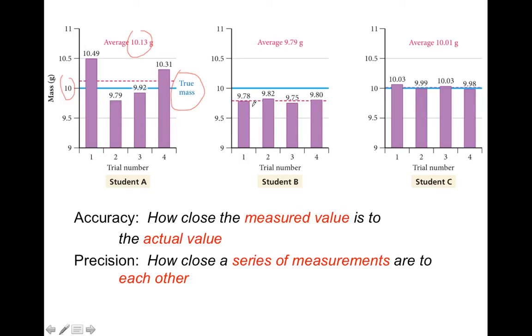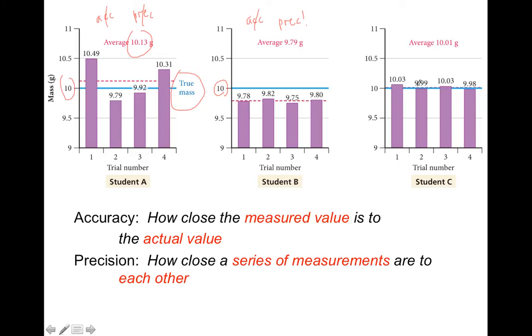Now these numbers are all very close to each other, but they're not that close to 10. Since they're not close to the actual value, which is something we looked up in a book or someone told us, we would say they're precise but not accurate. I'm going to say these are not accurate. These are not precise. These are not accurate, but they are precise.